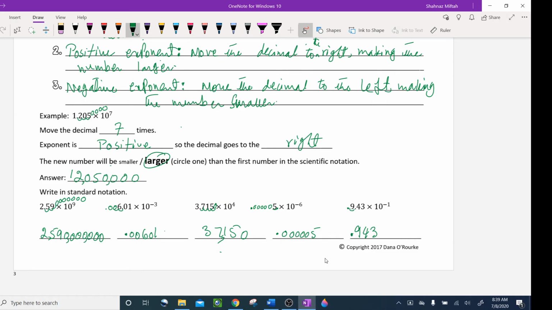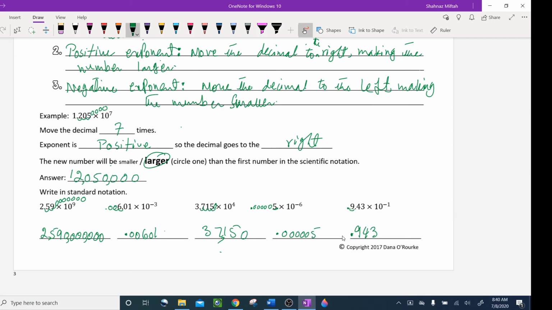Now, if we are using a calculator, and the calculator that I'm using is the TI-30XX MultiView, I'm going to show you how to use a calculator to change standard notation to scientific notation and scientific to standard notation.